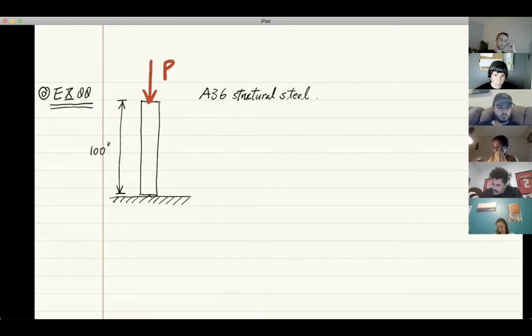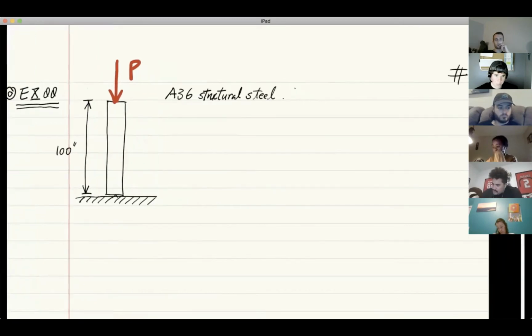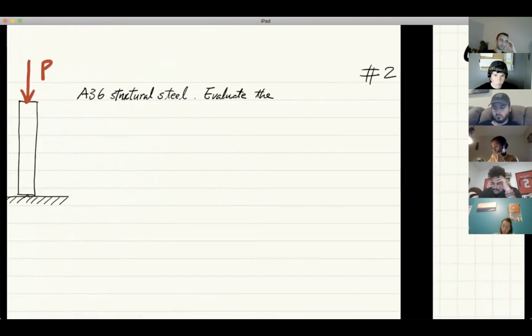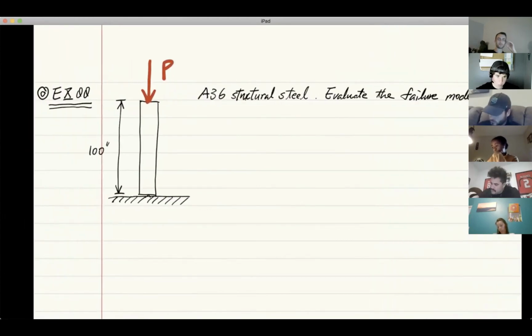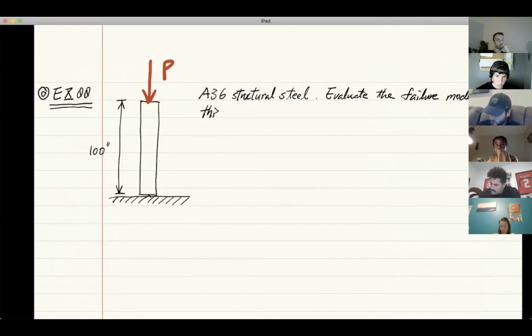Is to evaluate the failure mode of this column. That's our objective.